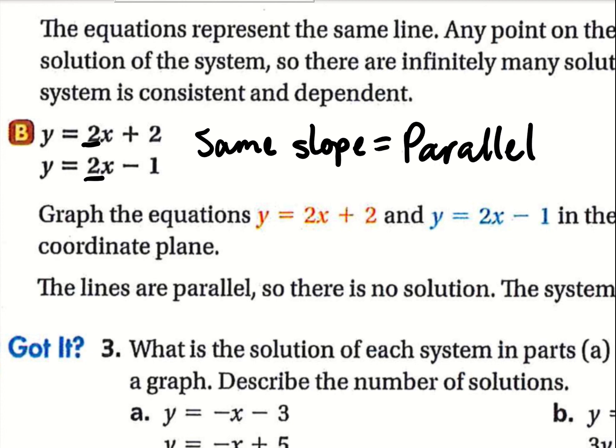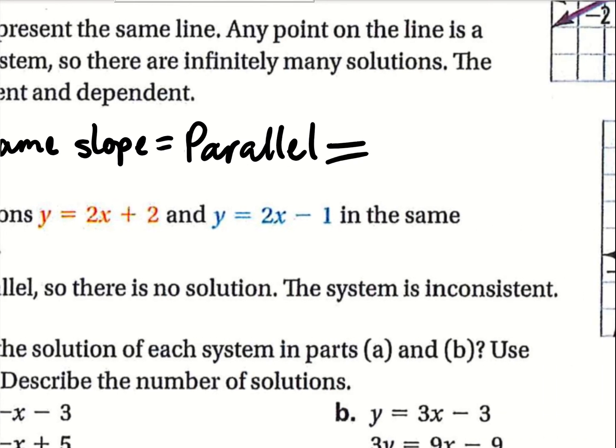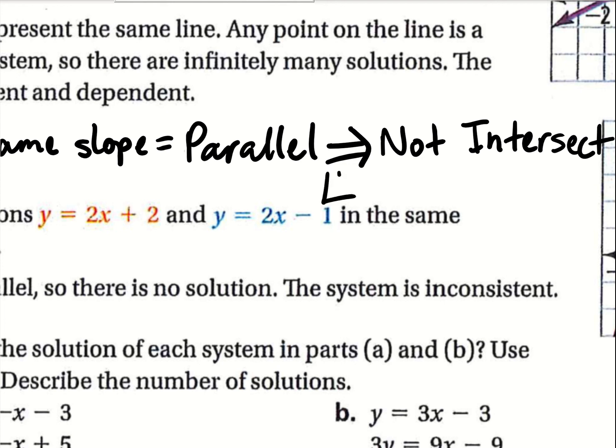So we know that these are parallel, and because they have different y-intercepts, that means that they are not the same line, and they are parallel, so that means they will not intersect. Okay, and if they don't intersect, that means that it is inconsistent.